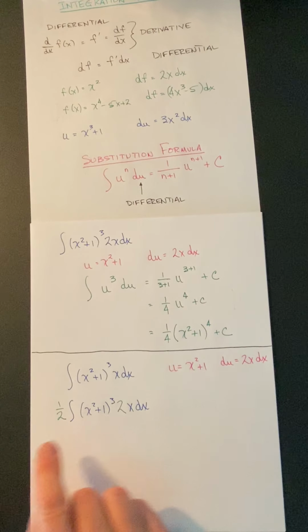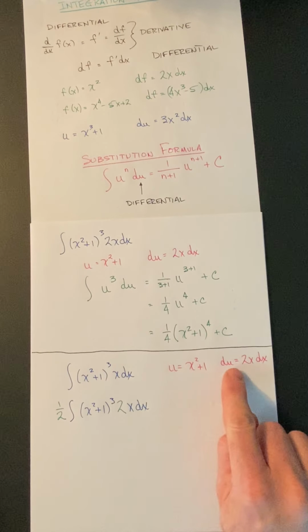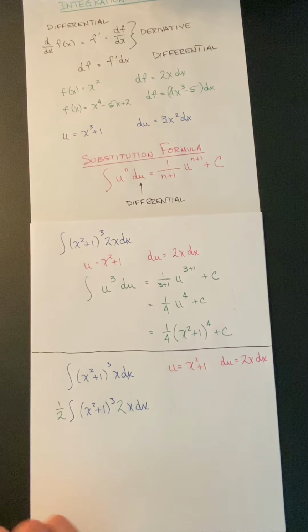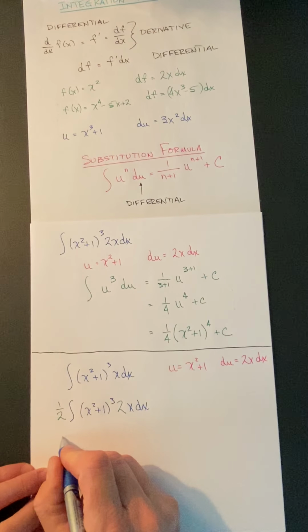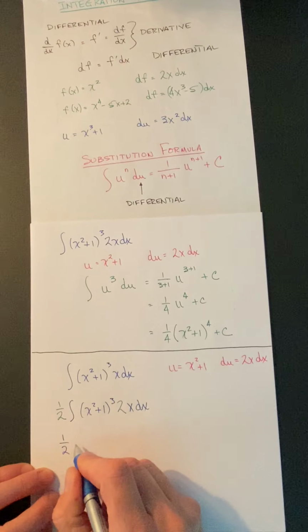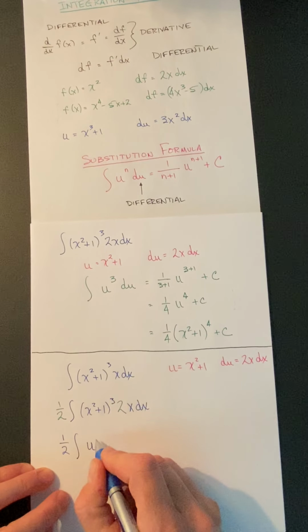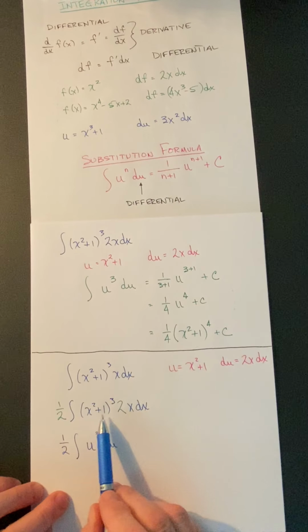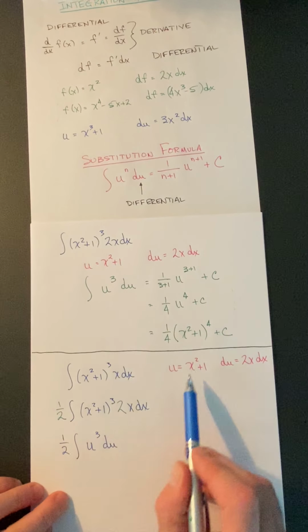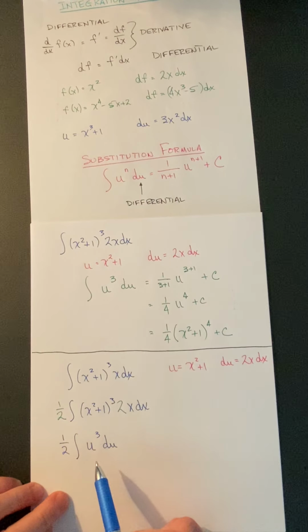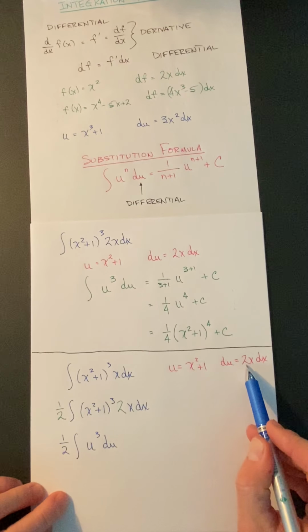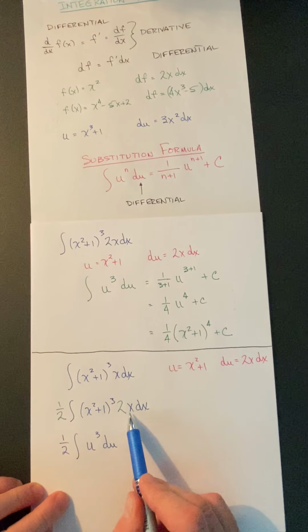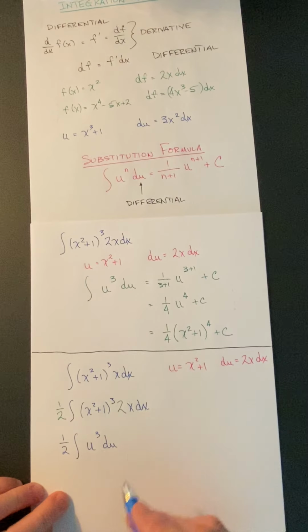But I need this so that I can utilize u and du to make this work. So now I would say, all right, I'm going to have 1/2 the integral of u cubed du, right? Du is 2x dx. There's 2x dx, so I can substitute it.